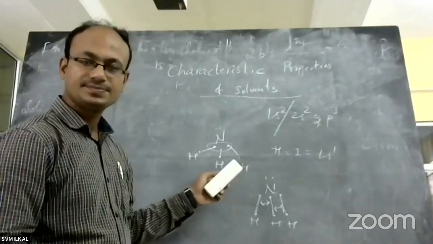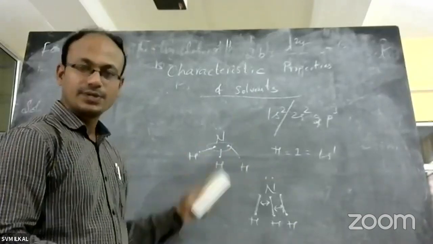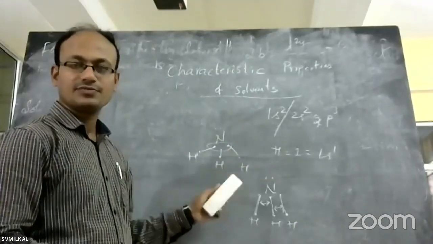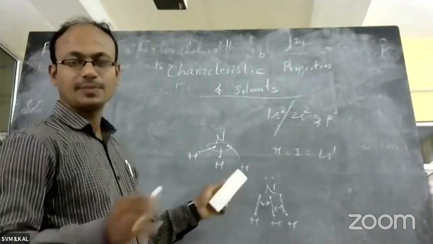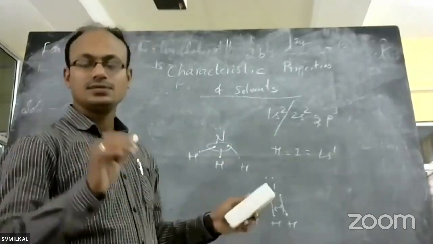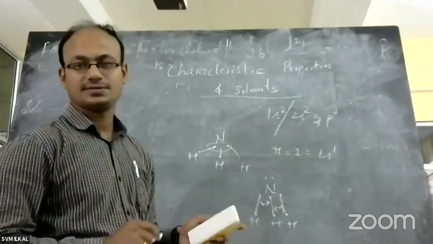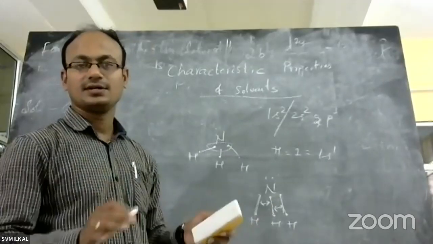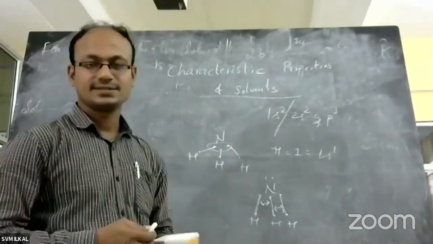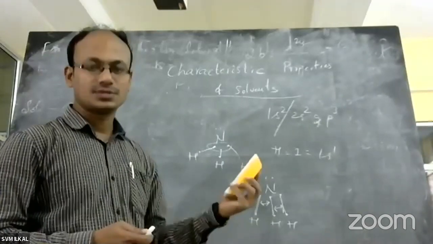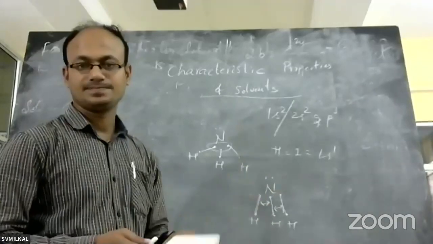So like this, you try to write the valency of all the atoms, whichever you are going to study in the upcoming classes. Try to write the structure of the molecules, so that it gives a particular understanding about the molecules. Especially in reactions, it is really helpful.